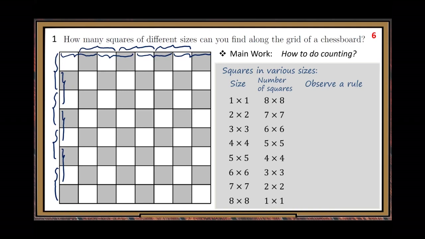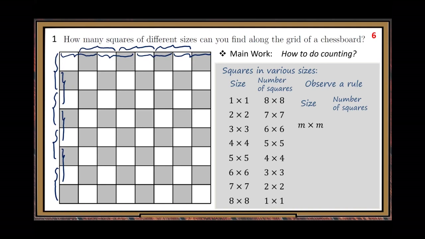So if we use notations to represent size number and the number of squares, let's use 2 variables to represent these 2 numbers. Size, we use m by m, m some positive integer.